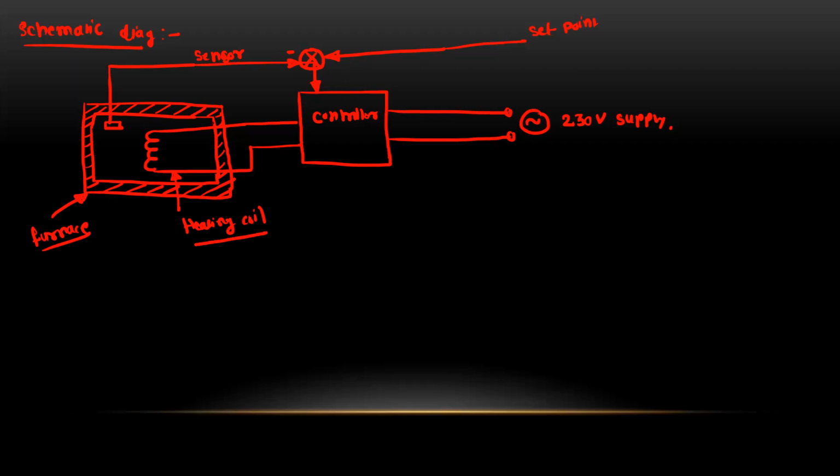The heating coil receives the current through this controller and from this power supply. Depending on the current passing through the heating coil, it will generate the temperature. Okay. So this temperature is controlled with the help of this controller. So basically this is a PID controller. Depending on the values of the constants for proportional, integral and derivative action, this controller will control the current which passes through this coil, and then it will control the temperature in the furnace.